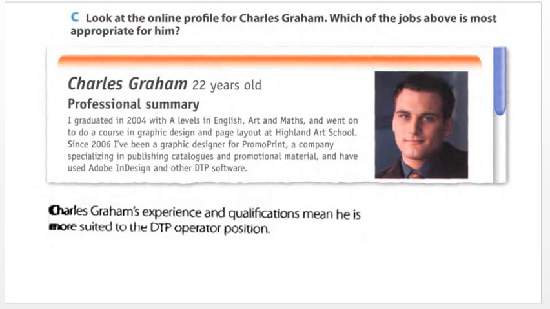Since 2006, I have been a graphic designer for Promo Print, a company specializing in creating catalog and promotion material, and have used Adobe InDesign and other DTP desktop publishing software. Charles Graham's experience and qualification means he is more suited to the desktop publishing operator position. Okay.